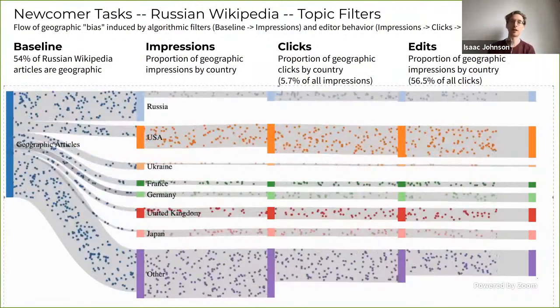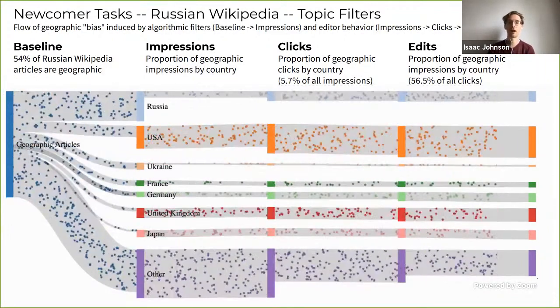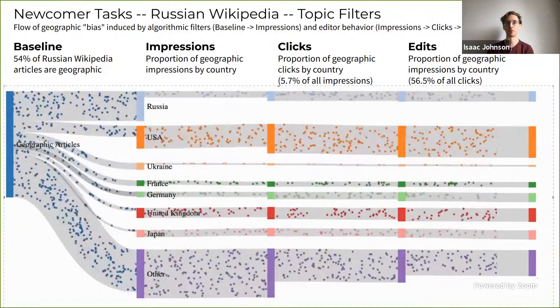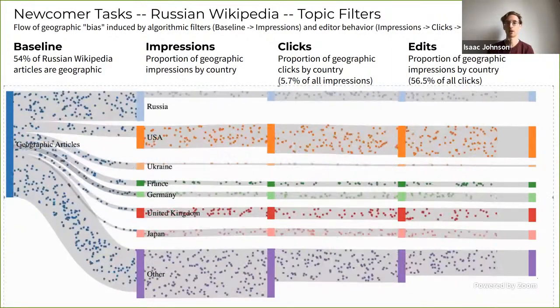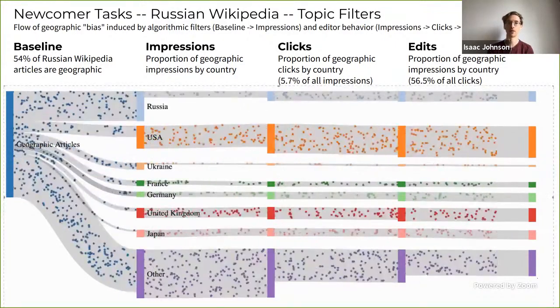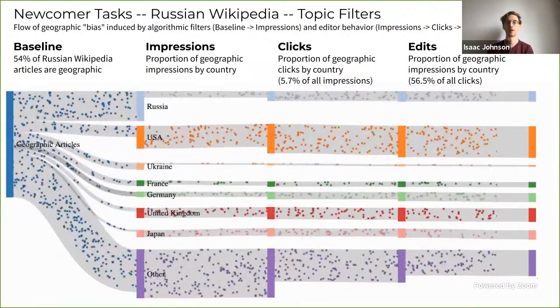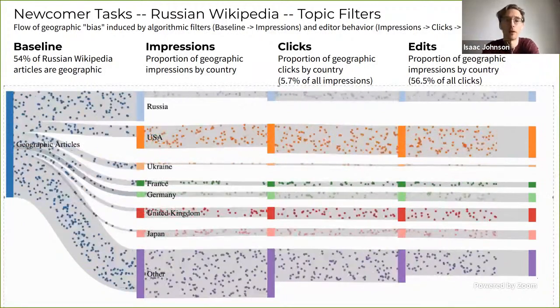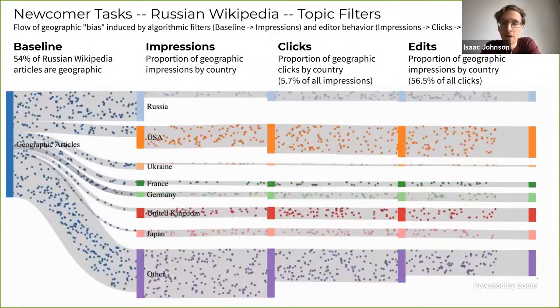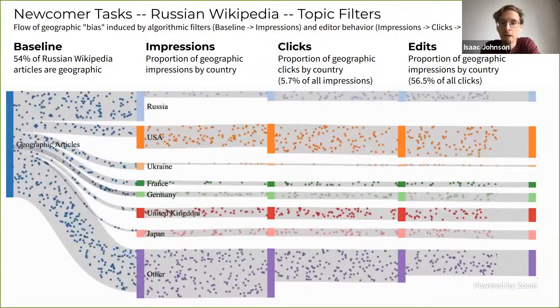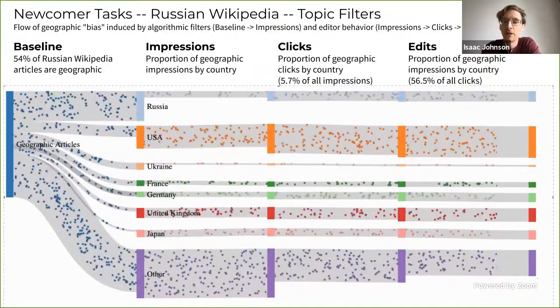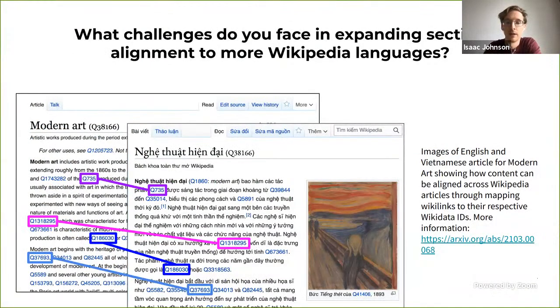As you see at different stages in the recommender system, the geographic bias most notably shifts between articles about Russia and articles about the United States, according to some of the decisions made in the algorithms at play here, as well as selection bias by the editors. And I can talk about this for a long time. I'm happy to take questions about it later, but instead I'm going to ask our other presenters about how these concepts fit into their work. Next slide.